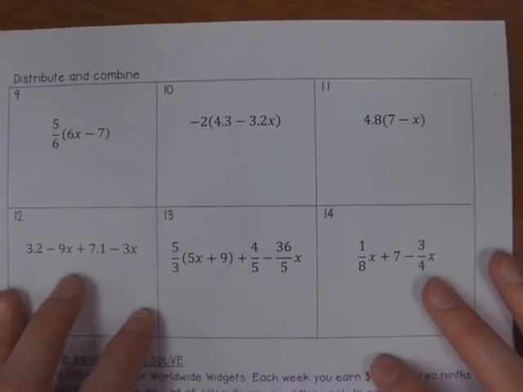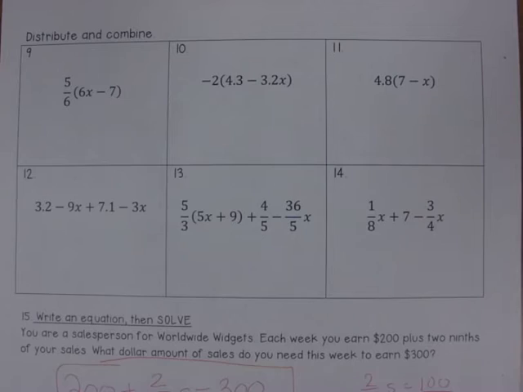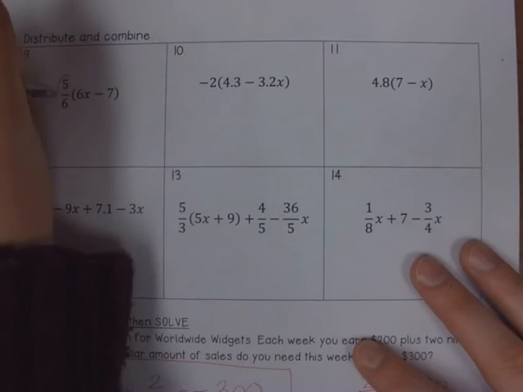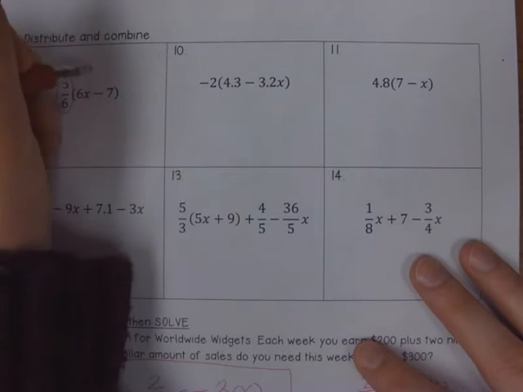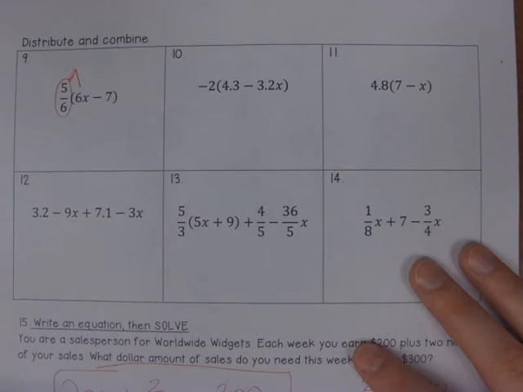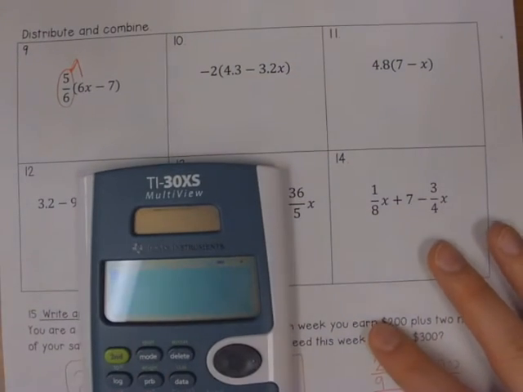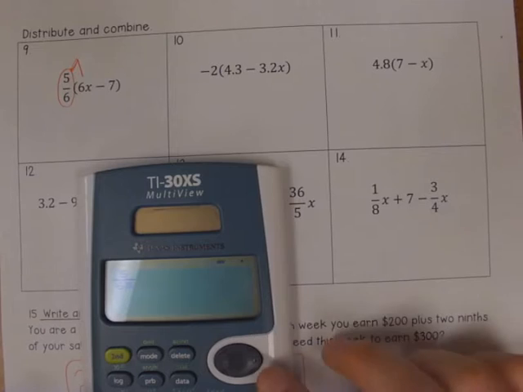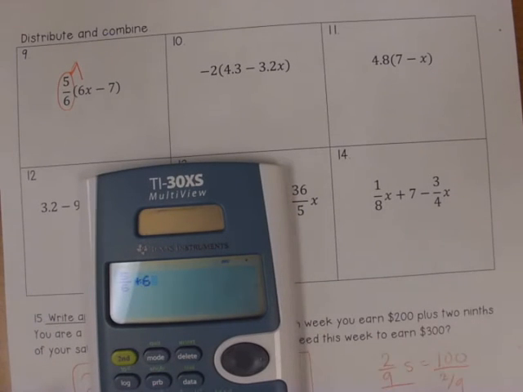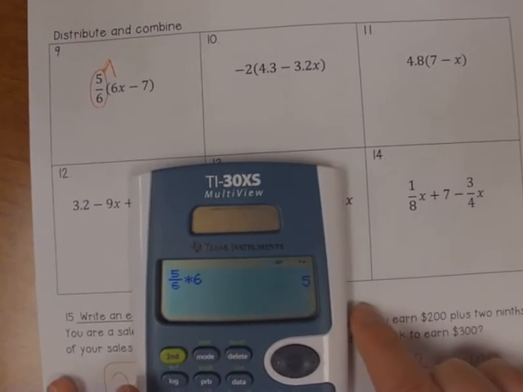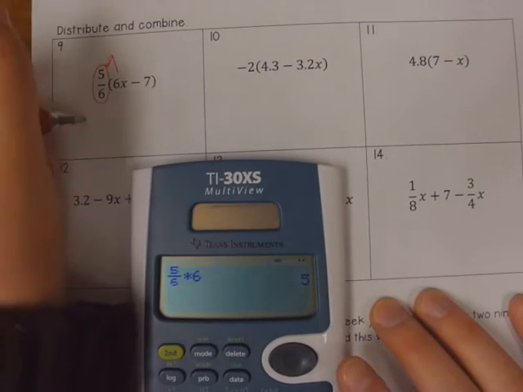Okay, flip it over. You have combining like terms and distributing. So here you have your Santa hat. Okay, you're gonna go 5/6 times 6, which equals 5.